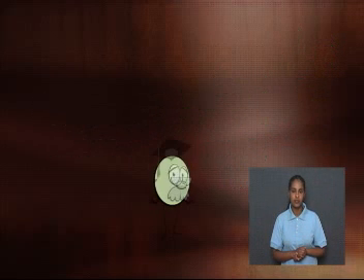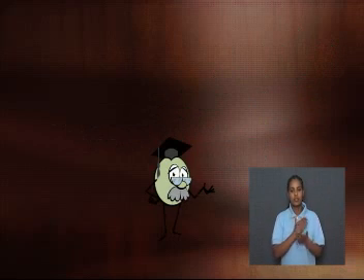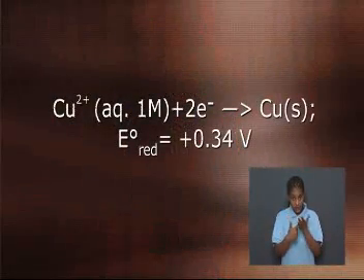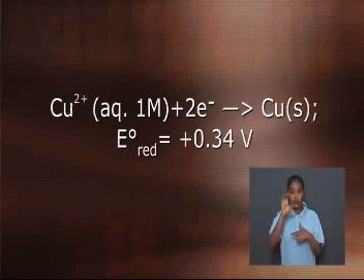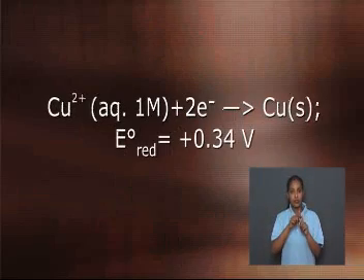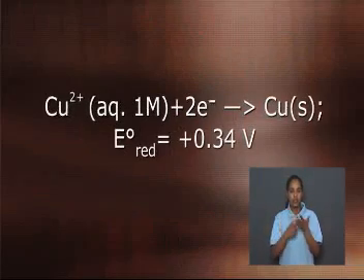Time's up. Let's get back to our lesson. Welcome back, students. If you got this half reaction for the copper cathode, then you are correct. If we use that half reaction, we can determine the standard reduction potential at the copper cathode.